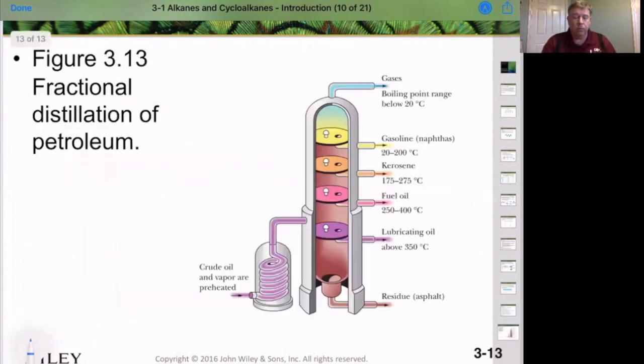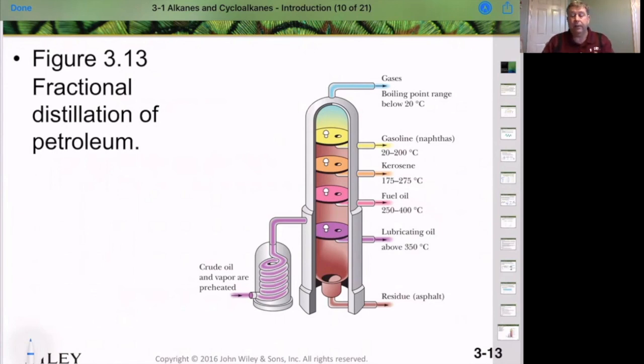So one of the cool ways in which these things are actually isolated is you take crude oil and you put it in a steam boiler and heat it up. And if you do this in the absence of oxygen, they will not burn. And so by going up the tower, it gets cooler and cooler, and different things distill at different times.